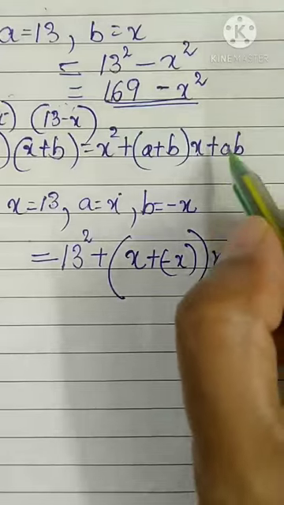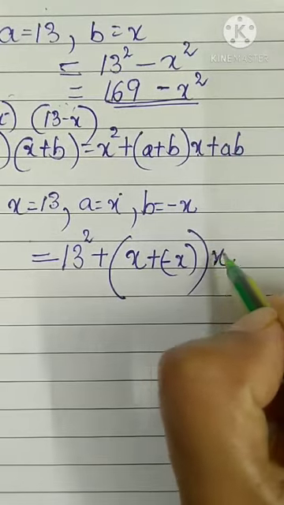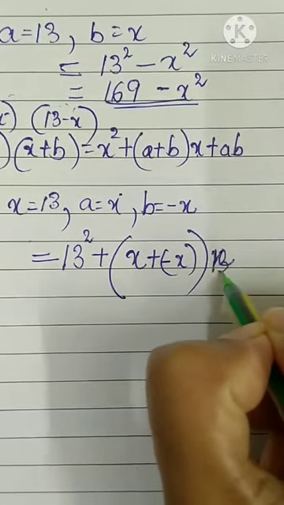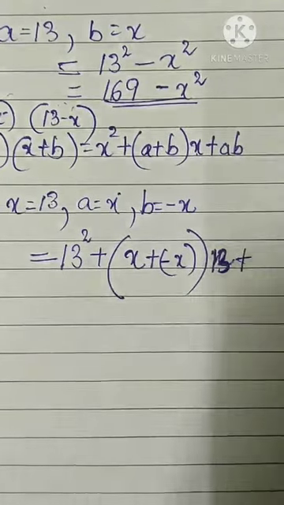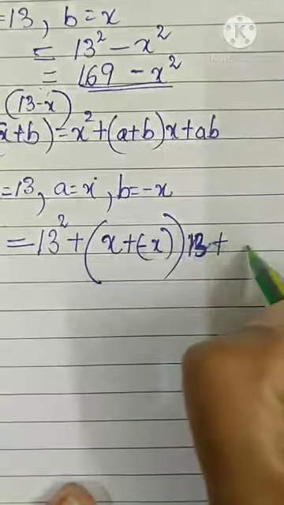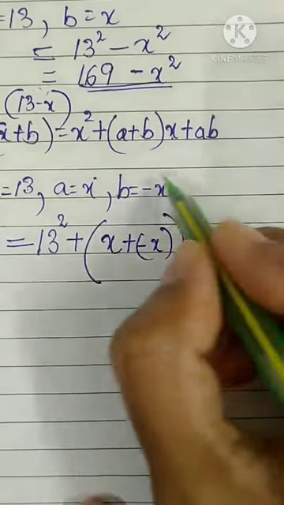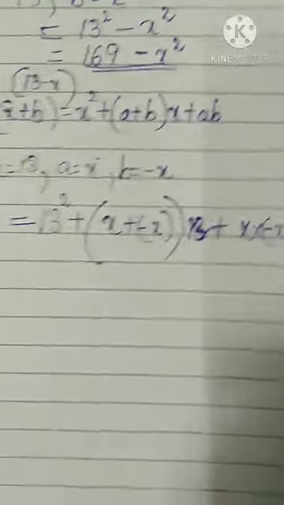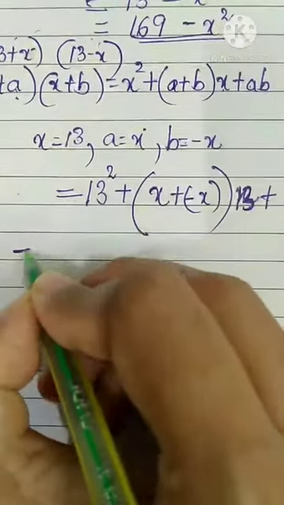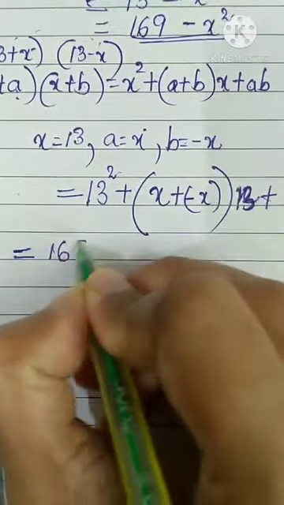No? What is x? Oh, sorry. X is 13. Very sorry. X is 13 plus, what is a? A is x multiplied by b is minus x, which is equal to 13 square, 169.